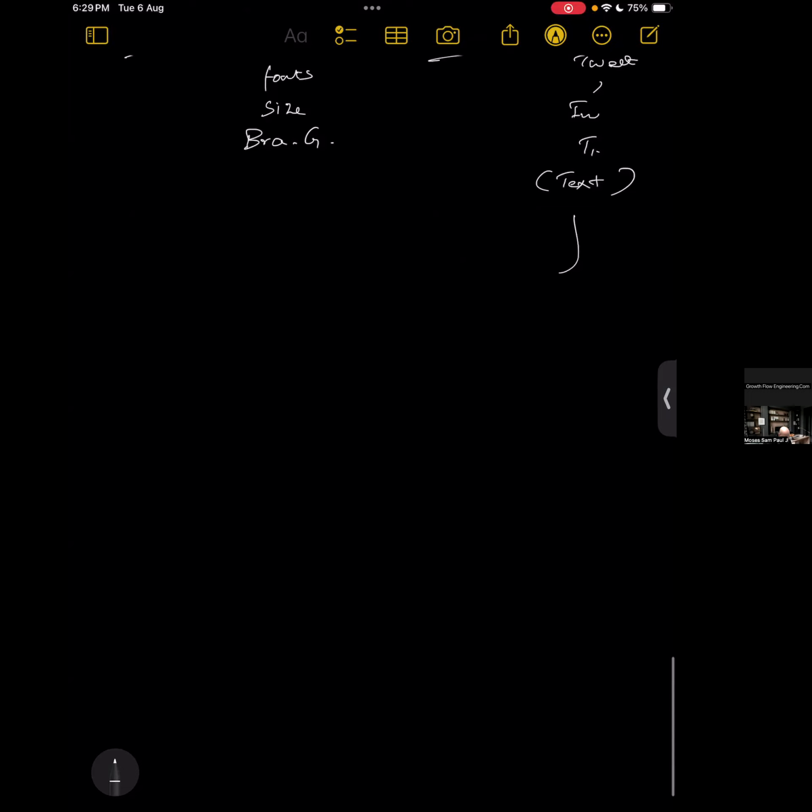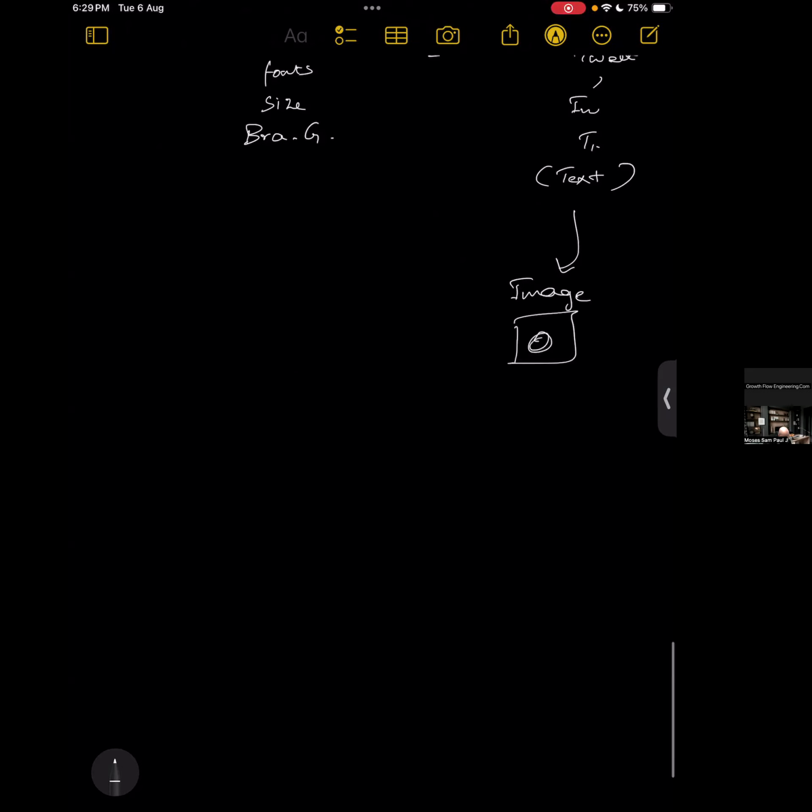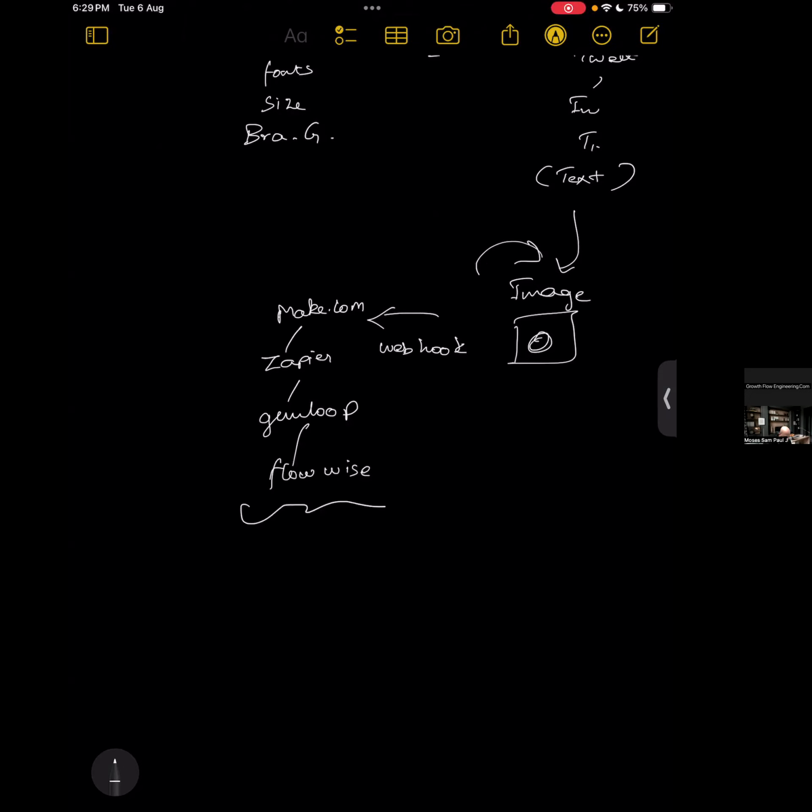Then you ideate again over there, DALL-E 3 is there. It generates an image. Okay, you don't like it, you talk to it again, it generates a better image. And then through a webhook, it connects to make.com or Zapier or Gumloop or Flowise, anything. These are called the glues of the internet, right?